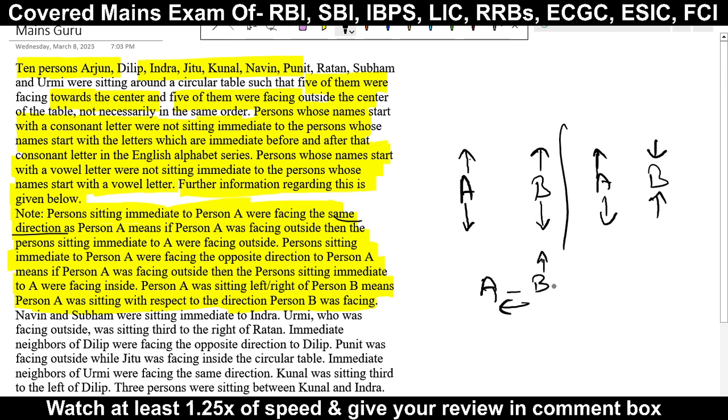We will place according to this person, not according to B. If this one is facing inside, and suppose that this one faces outside, just opposite to the direction of this, then A will come to this side of B, and this will be second left. I hope you understand what I want to say in this.